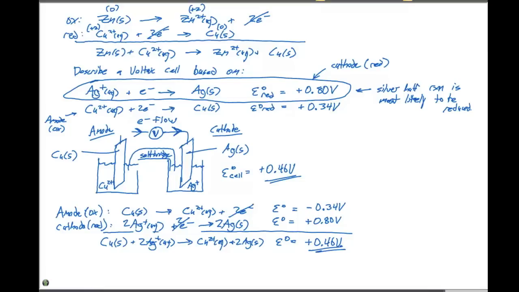There's a couple things that I want to mention about these particular reactions. Okay? So things that are very important that we need to note. Number one is when a half reaction is reversed, the sign is also reversed.